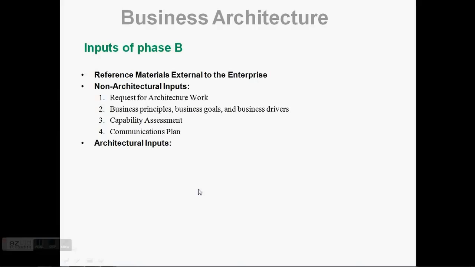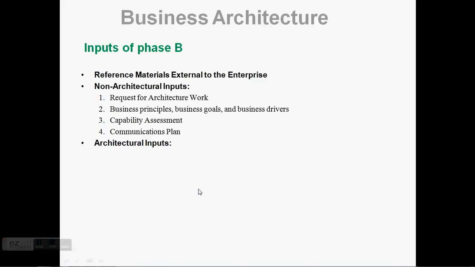The second type is business principles, business goals and business drivers. These provide context for architectural work by describing the needs and ways of working employed by the enterprise.